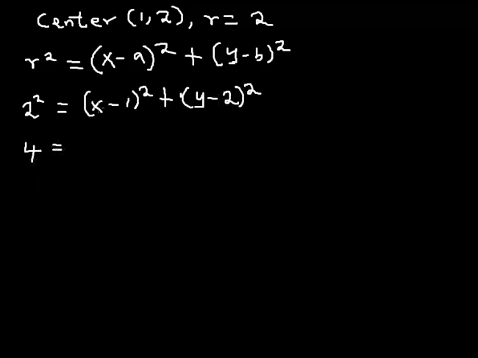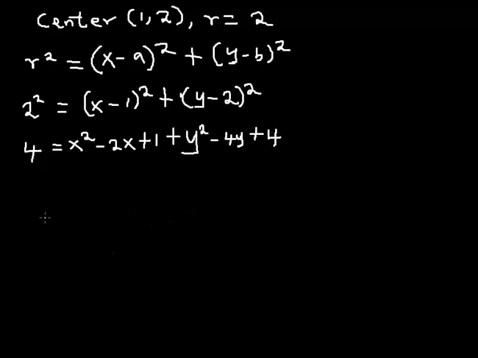Equal to x squared, 2 times x times minus 1, that's going to give me minus 2x, minus 1 squared is plus 1. The same with y squared, 2 times y times minus 2, that's going to be minus 4y, then plus 4.